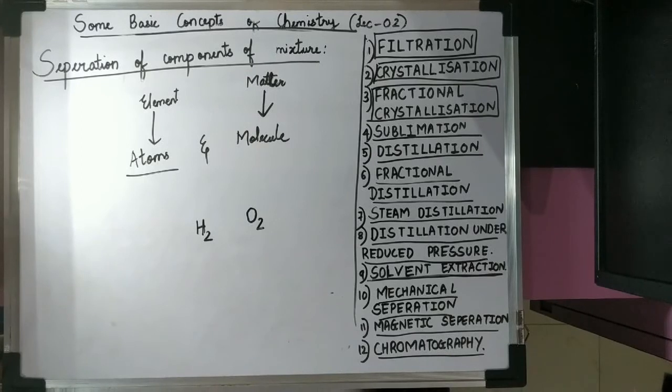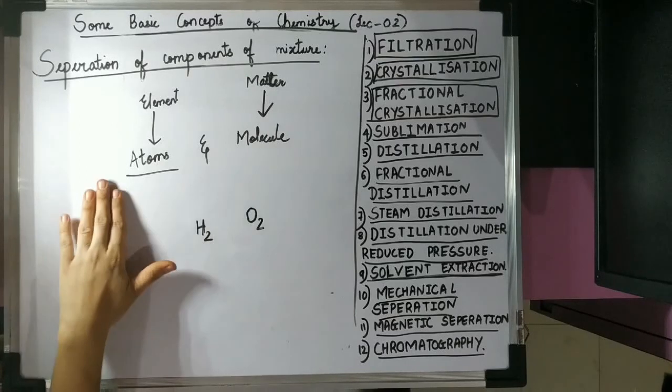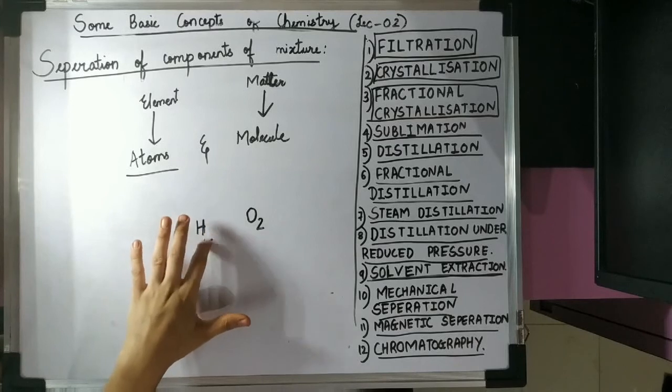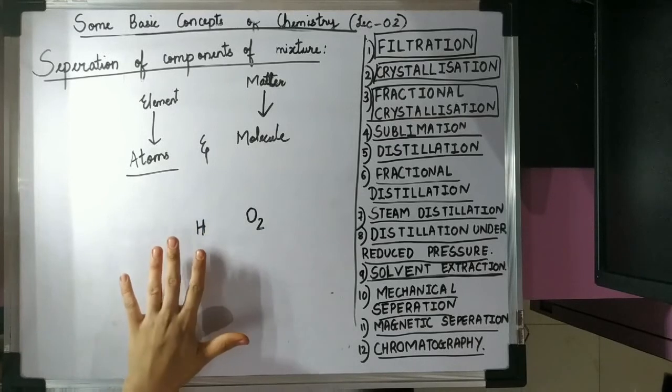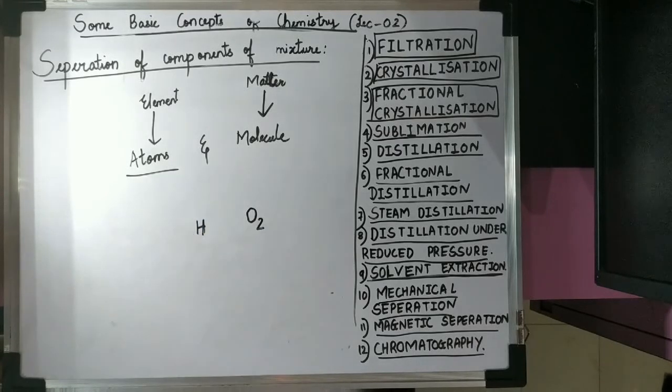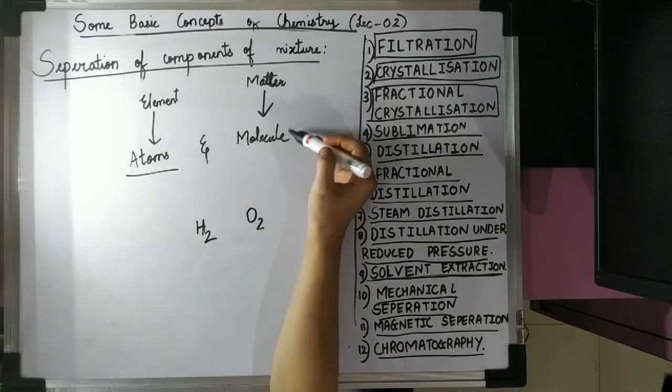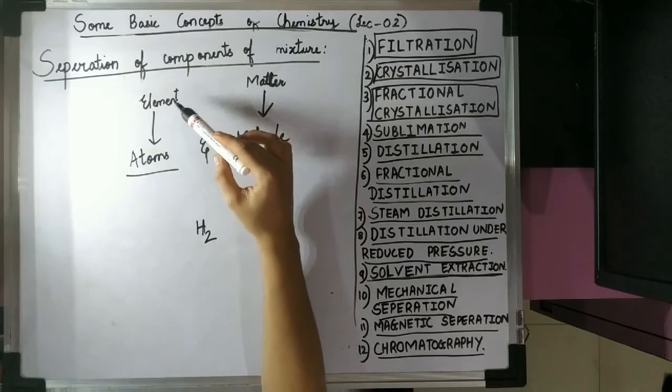Atom may or may not be present as an individual entity. Why? Because an atom cannot exist as an independent entity, as I was explaining with hydrogen. Hydrogen cannot exist as nascent hydrogen; it always exists as a molecule. So the smallest part of matter is a molecule, but the smallest part of every element is an atom. Hydrogen is an element, oxygen is an element.